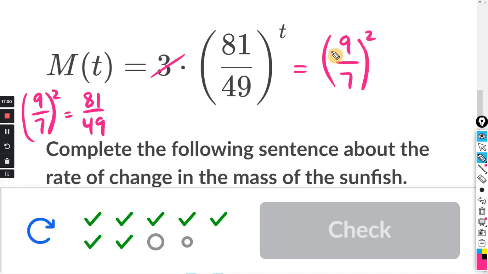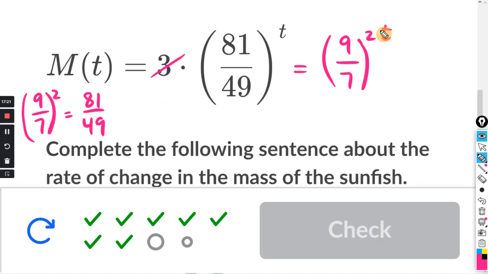And this is raised to the power of t. When you have an exponent raised to another exponent, you just multiply the exponents. So we can just make it 9/7 to the 2t.